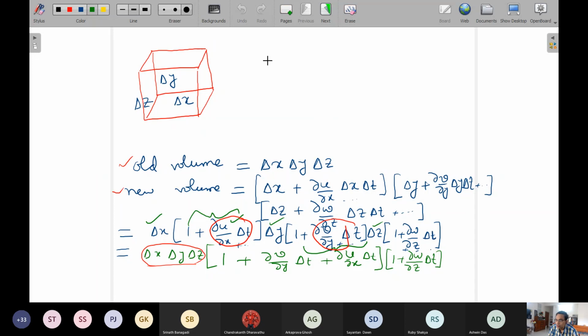Okay. So the new volume will be delta x into delta y into delta z, into, now the very same thing applies, you can multiply all these with 1.